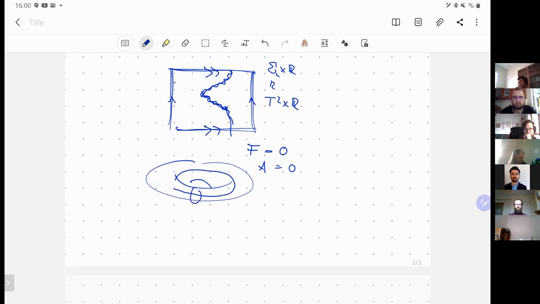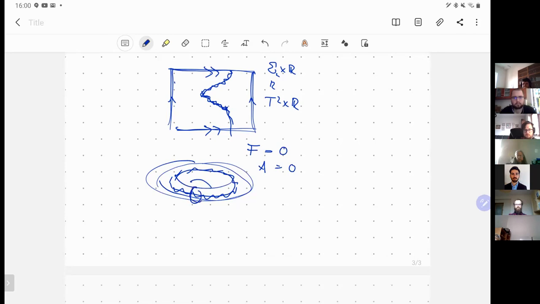But if I have this extended branch cut, it's as if I chose one of the cycles and introduced this branch cut around it. I can now see that this is a different vacuum of the theory, because if I calculate the holonomy around this cycle, I'm still going to get 0 because I'm not crossing the branch cut.